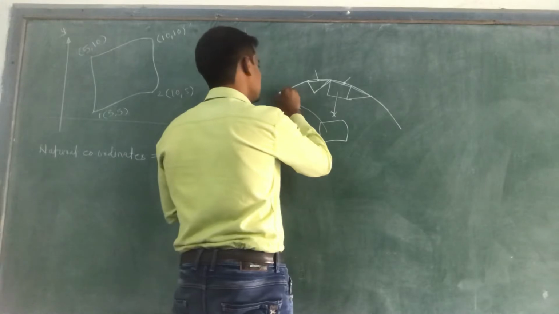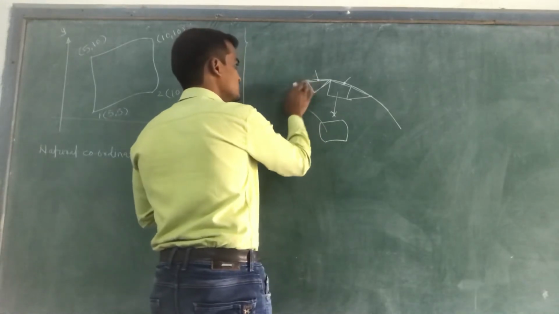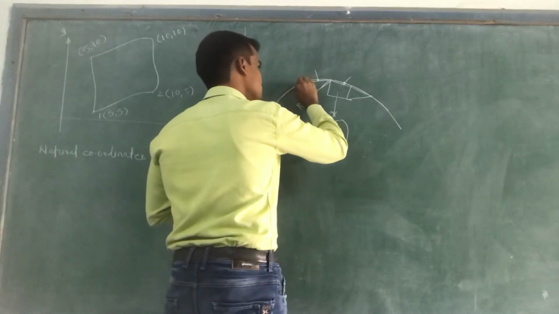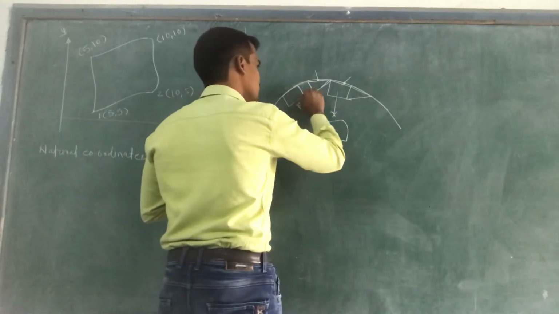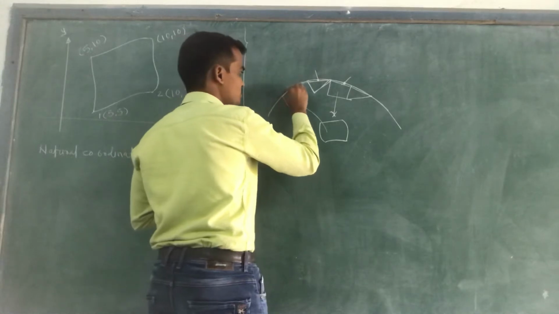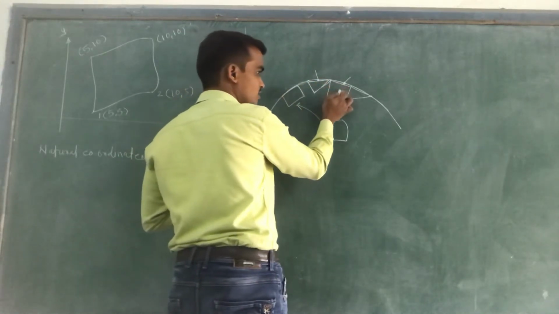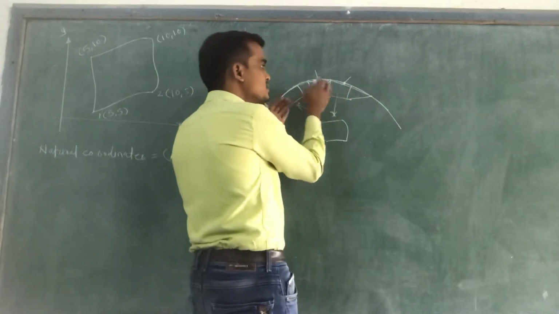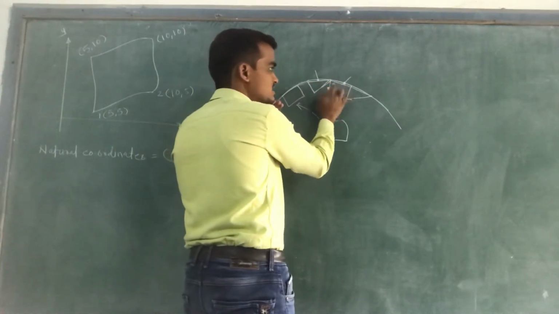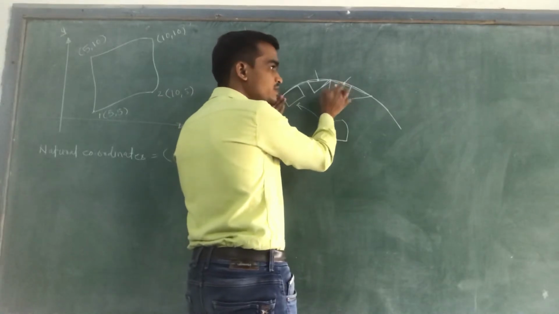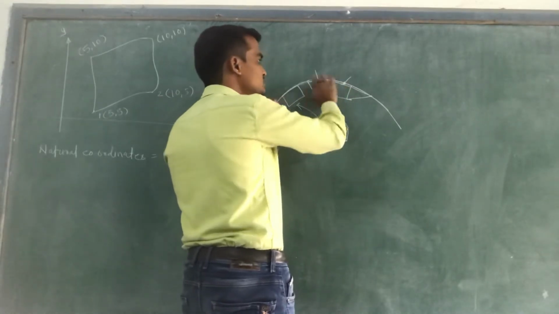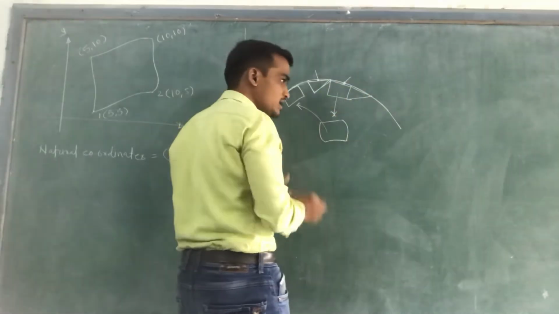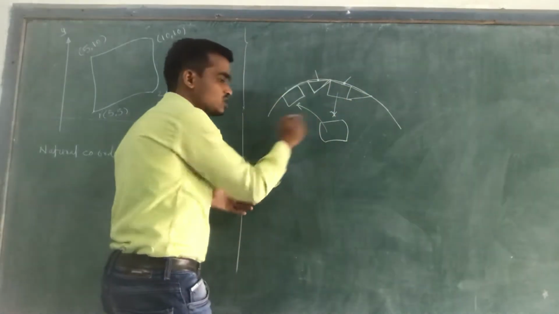So, for example, if this is your geometry, we can map it by using this quadrilateral element. Triangular and rectangular elements have straight edges, and due to these straight edges we cannot exactly map this irregular geometry. Instead we can use the isoparametric element.